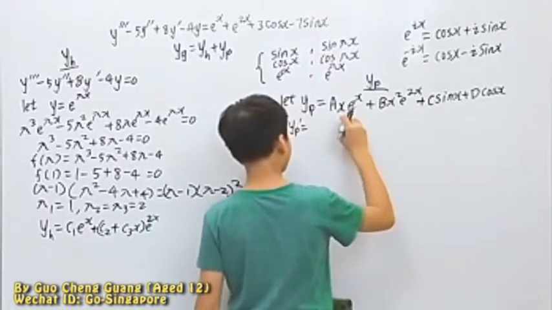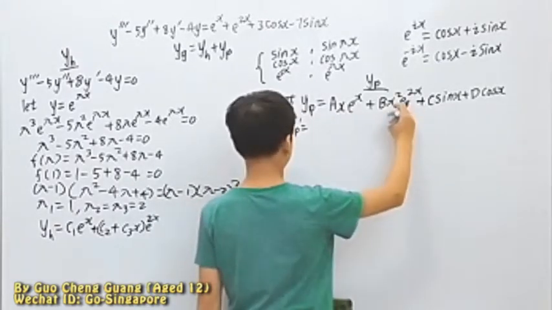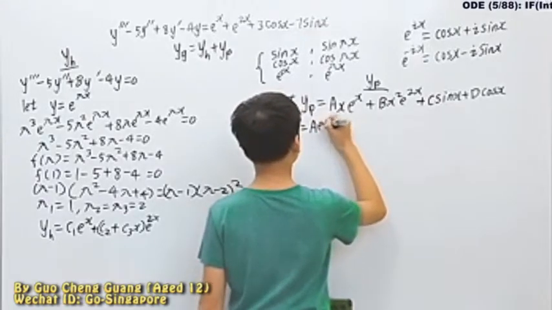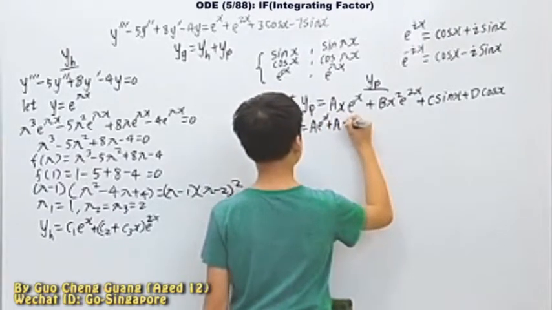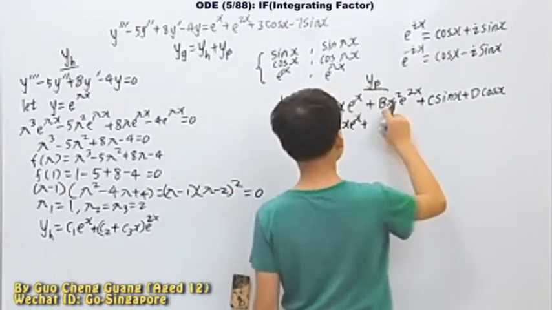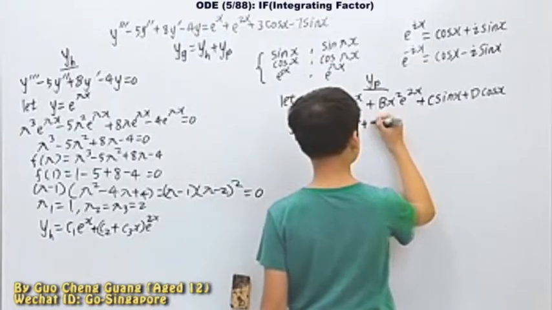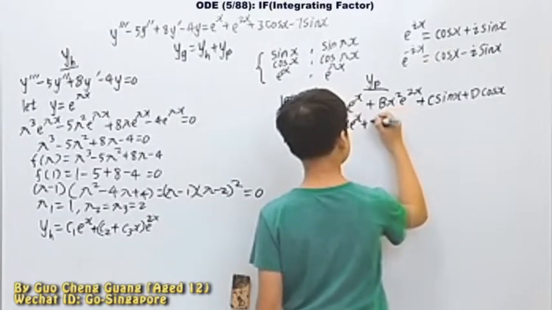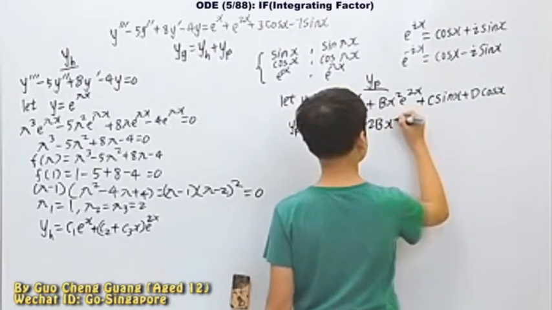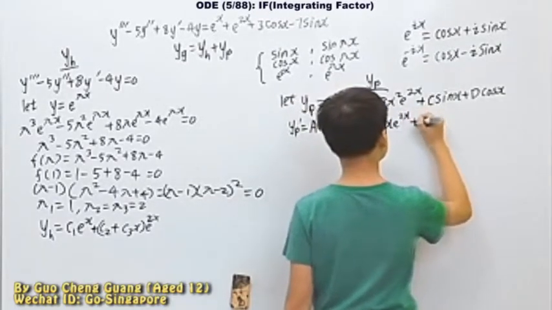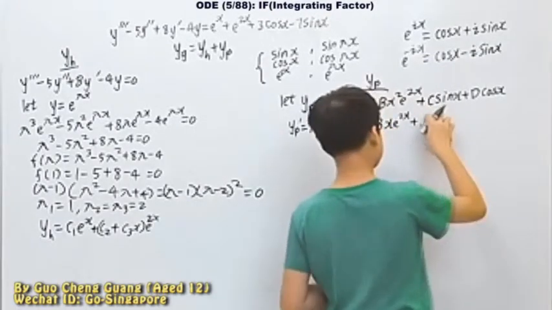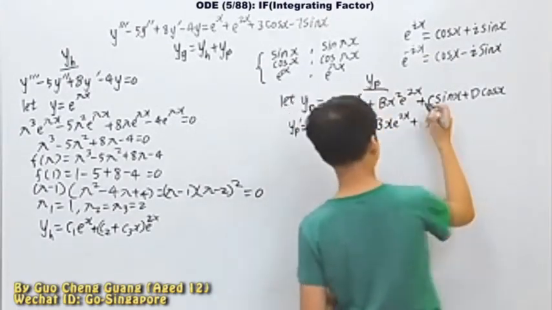You have to be careful here, you have product rule, and then for the second time you have product rule, you have chain rule. Be careful here, the chain rule.